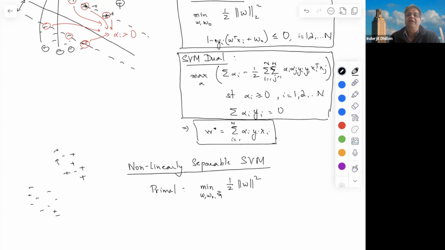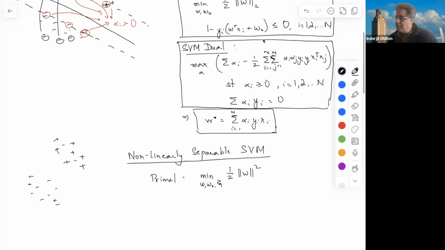So it's basically saying that, instead of being very particular that each and every point should be on one side of the margin, depending upon the class label, we'll give it some slack. It can obey this inequality up to psi.